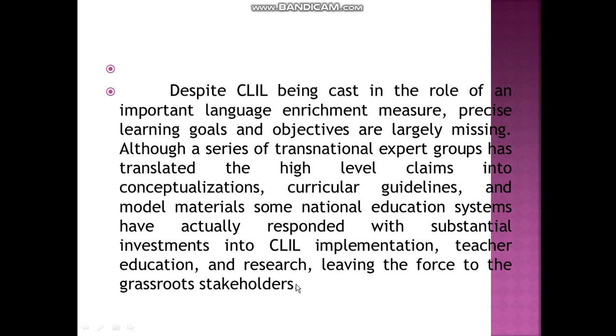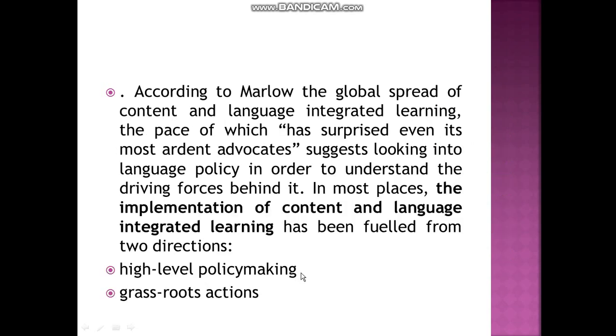What does grassroots actions mean? It entails parental and teacher choices. What we see above all is individuals reacting to what they rightly perceive as major shifts in society and economic life, with both becoming increasingly international, requiring ever better educated employees who know certain languages that are considered crucial in the job market.